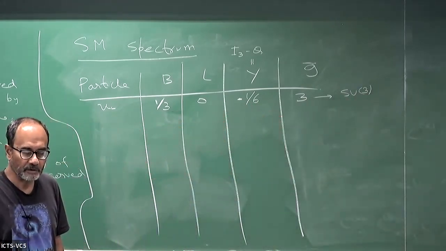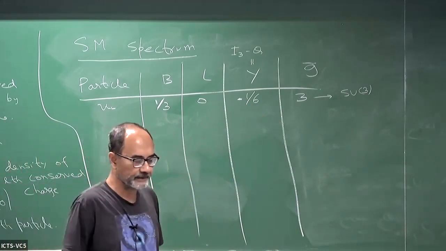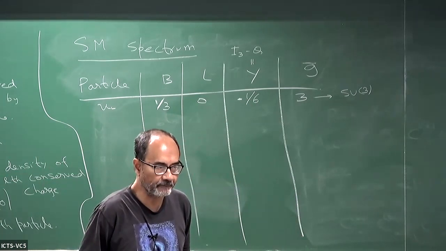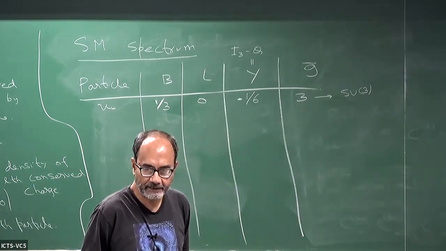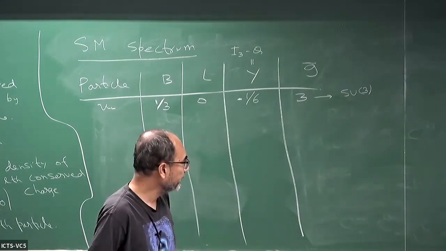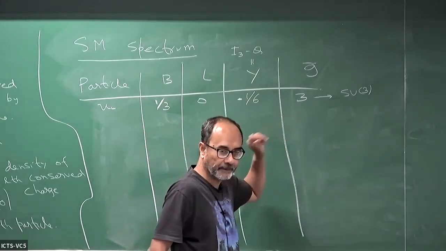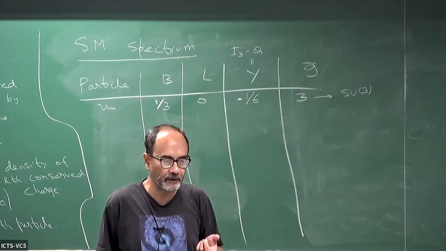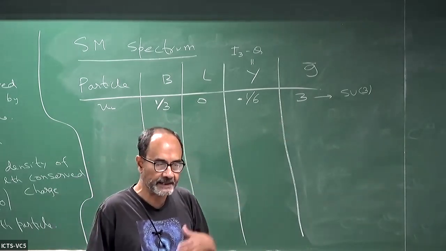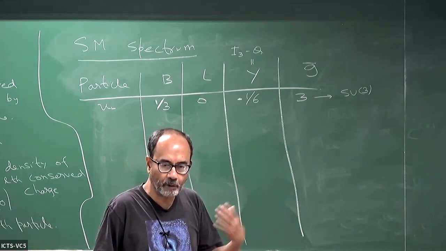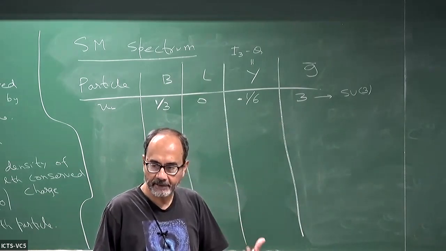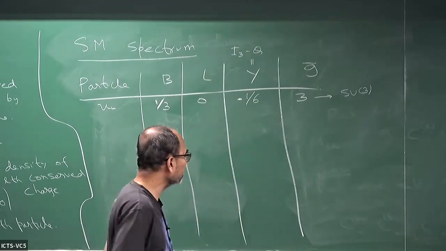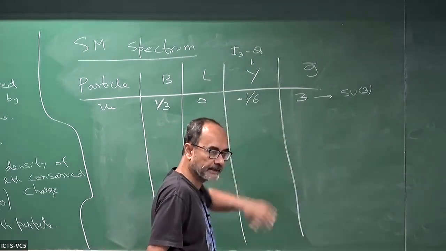So SU3 is not going to play any role except while counting how many degrees of freedom you have, because that enters the formula, the partition function. We need to know how many states there are, so the 3 of them. And we have not counted a factor of 2 for the spin, because left and right helicity states will be counted separately, because their charges are different. So that's why there's no further factor of 2 here.